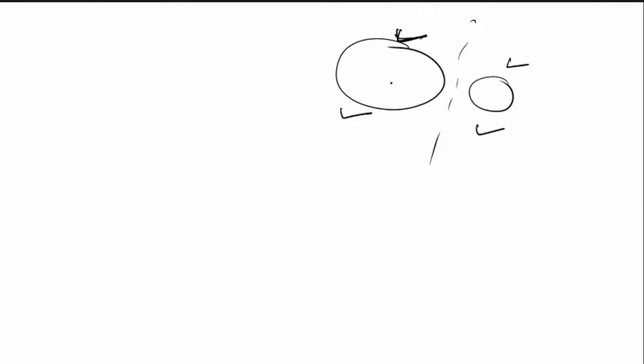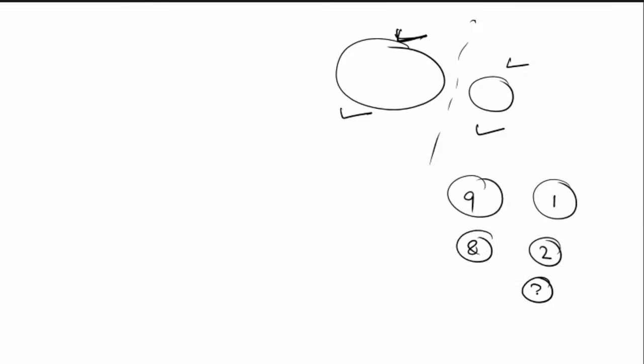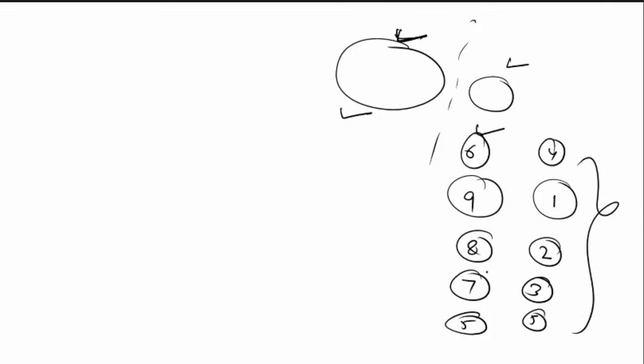Many different partitions are possible. Maybe one vertex here and 9 vertices here, or 2 and 8, 3 and 7, 5 and 5, 4 and 6. So there are many different disconnections possible, and different possibilities are there.